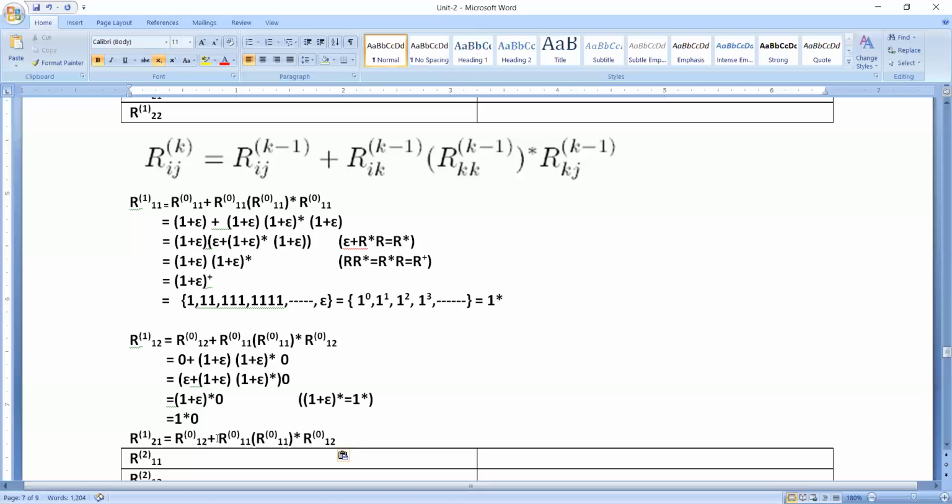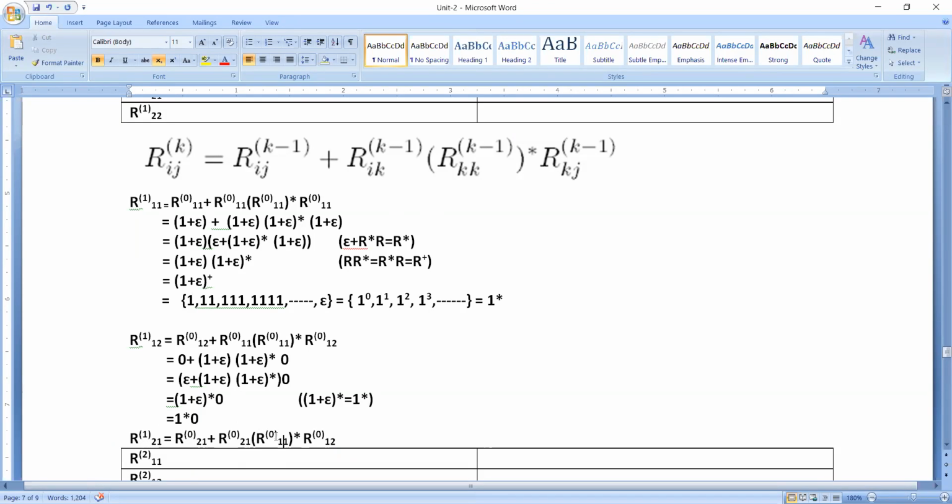It will be first R21 power 0 plus R21, because what is this? I is 2 and k is 1. So R21 power k minus 1 will be 0. So here also what is k?